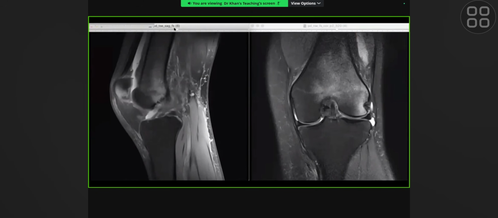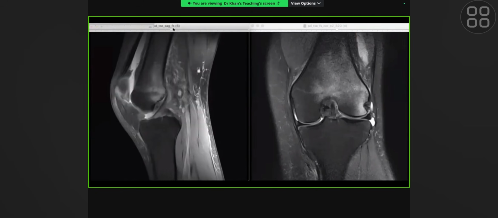Okay, so there is a joint effusion and just trying to see the ACL. I can see that the ACL is intact, but there is significant marrow edema and soft tissue edema around the entire knee joint. There is also bony contusion on the posterior aspect of the femoral condyle.